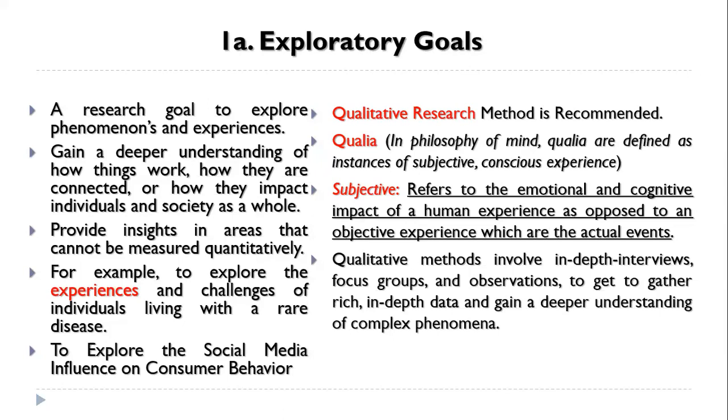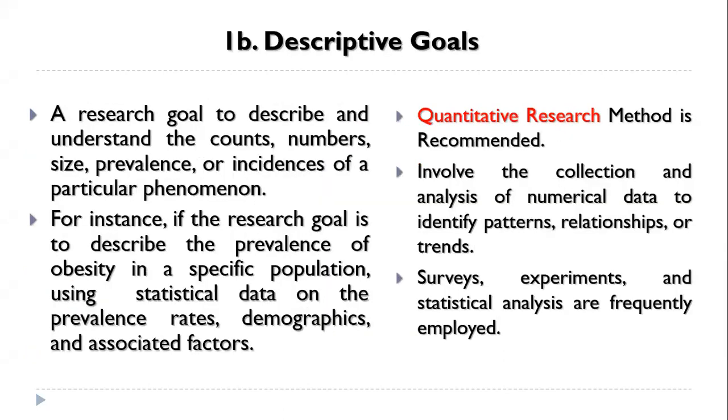So when you're looking at this sort of approach in your research, you have to go for the qualitative aspect. But when you're looking at describing numbers, counts, size, prevalence, meaning checking the number that have a particular condition in a population, or incidence, measuring this number over time, then you're going to be looking at the quantitative aspect.